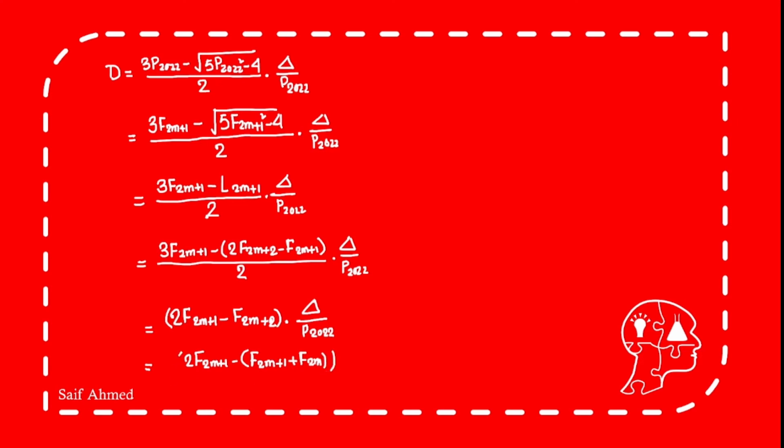Now I can multiply this with del by p of 2022. From here I can write that it will be equal to f of 2m plus 1 minus f of twice m whole times del by p of 2022. So from here finally we can get our conclusion.